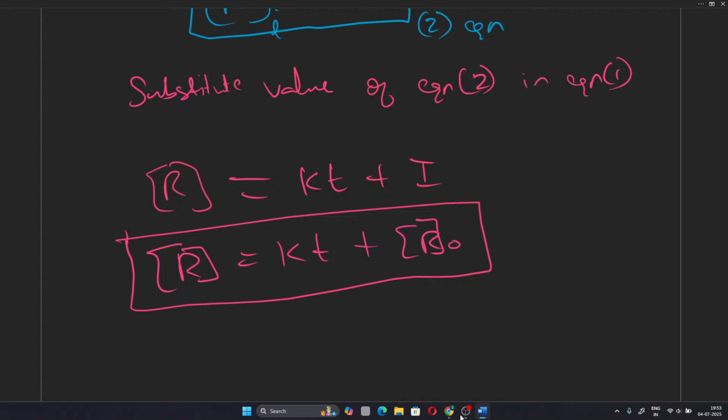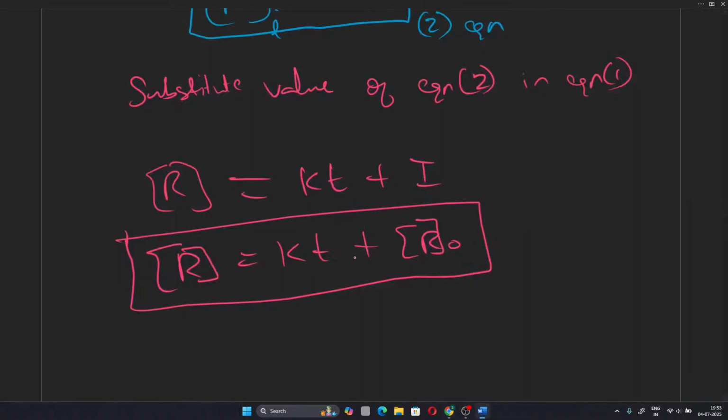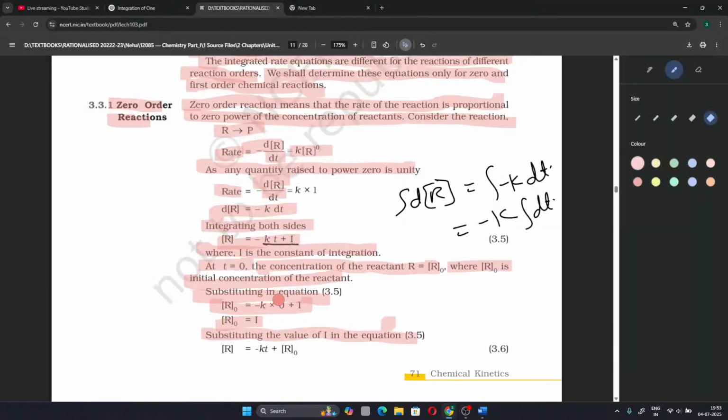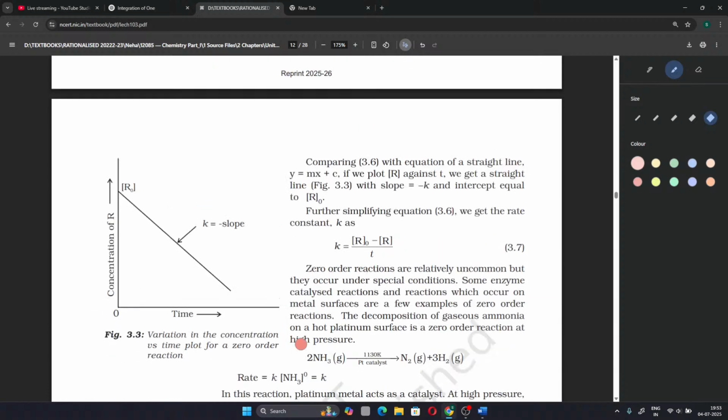As I was telling, this is the final answer, basically R equals minus kt plus I. I forgot the minus here, yes, the minus will be there. Substituting the value, we get R equals minus kt plus R naught.